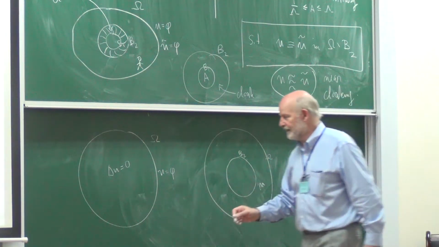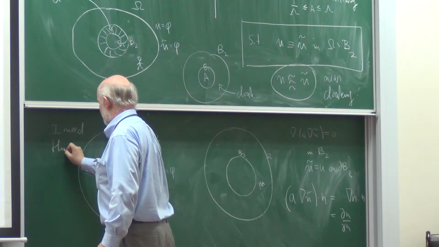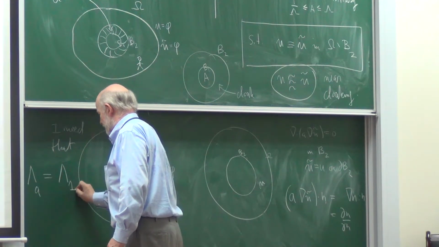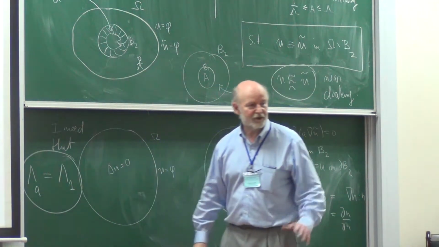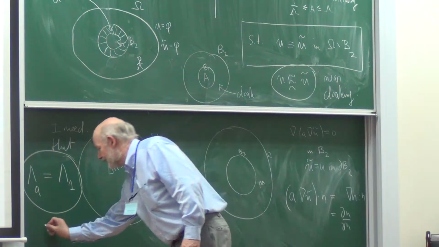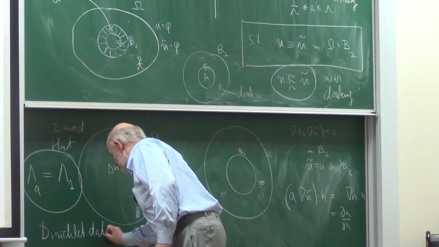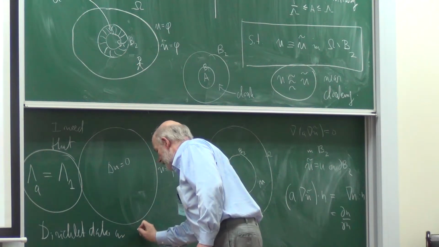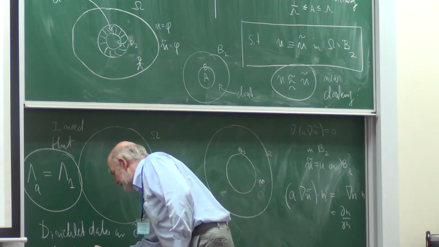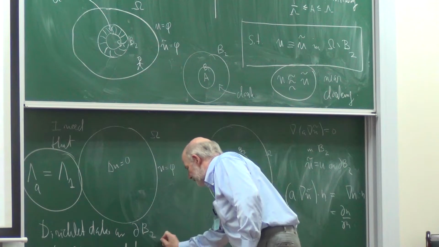So I need that, and I'll call it lambda A should be equal to lambda 1. And these are the Dirichlet to Neumann data operators. This is the one that maps Dirichlet data on the boundary of B2 to Neumann data on the boundary of B2.